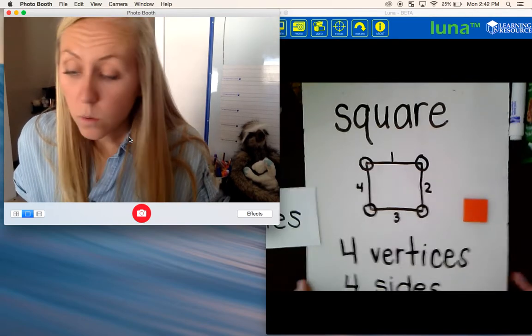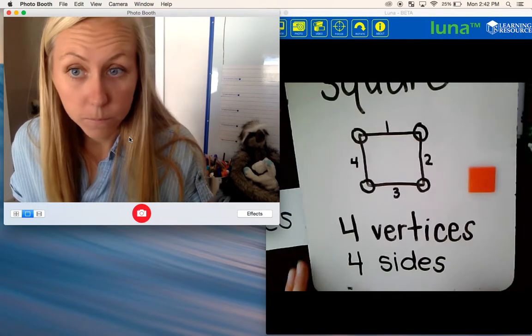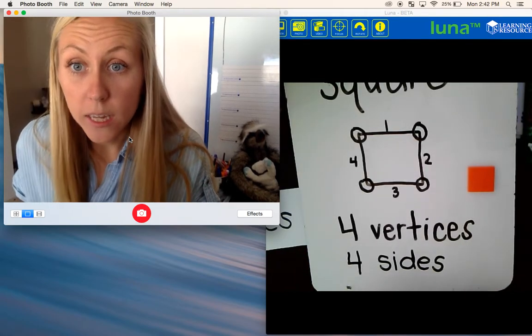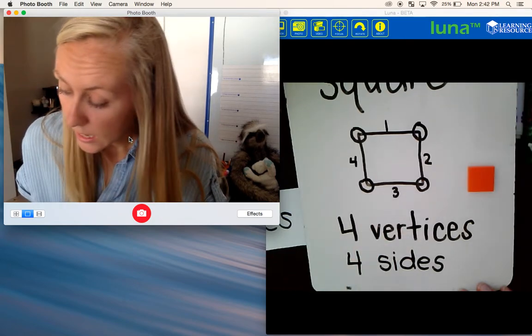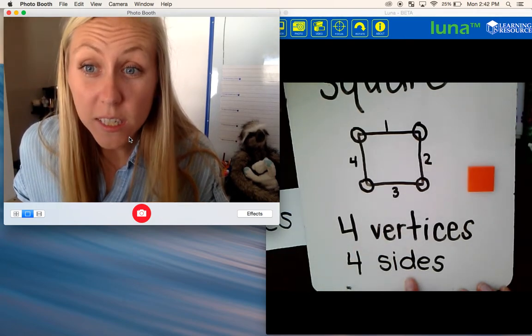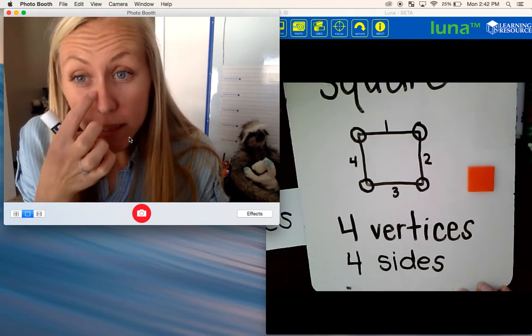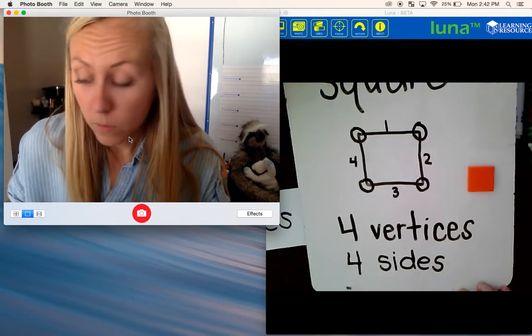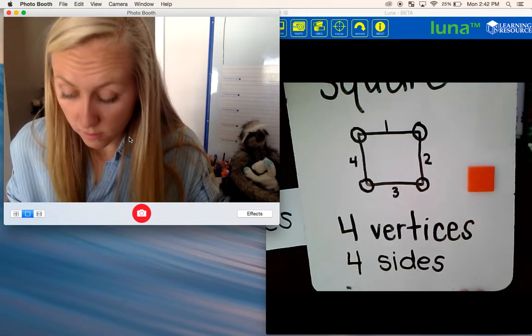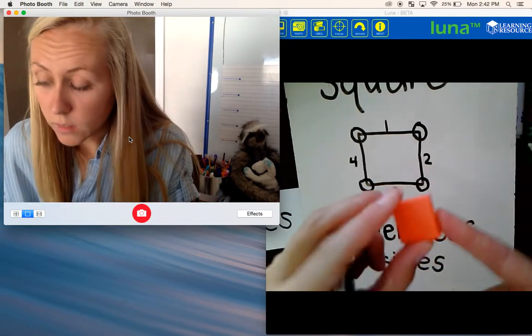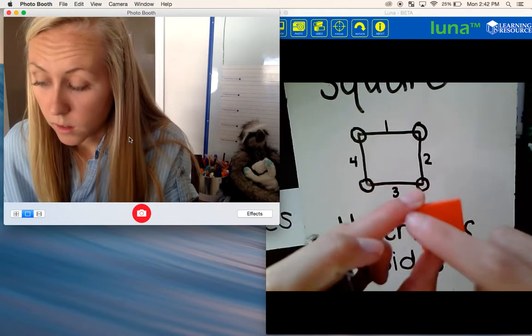So when you are describing a square, the way you can describe a square is that it has 4 vertices, which means it has 4 corners, and it also has 4 sides. And it's so important when you have a square that all the sides are the same length. If you were to measure each one, they would all be the same length.